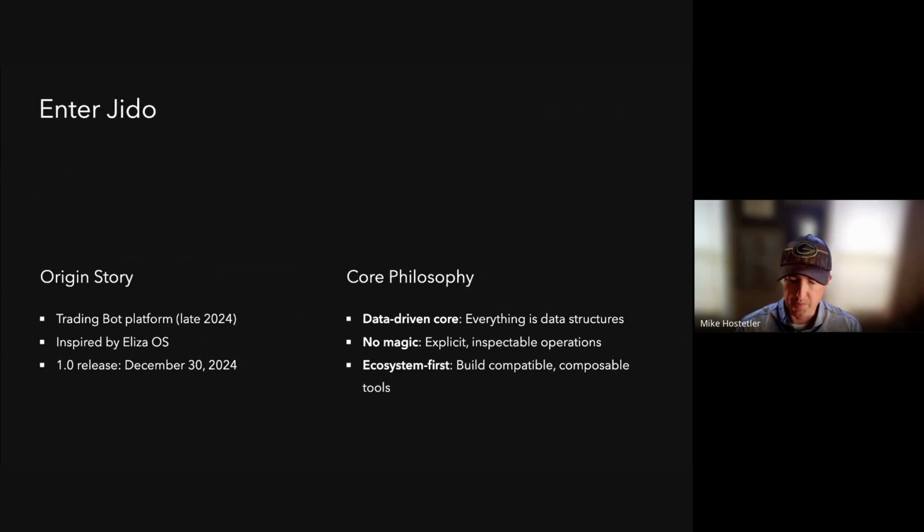So where did Jido come from? In 2024, a little over a year ago, I had just finished working at a crypto company and was building out a trading bot platform called BotHive. And this was, again, bots. Now I think we would definitely call them agents, and the language has evolved a little bit.